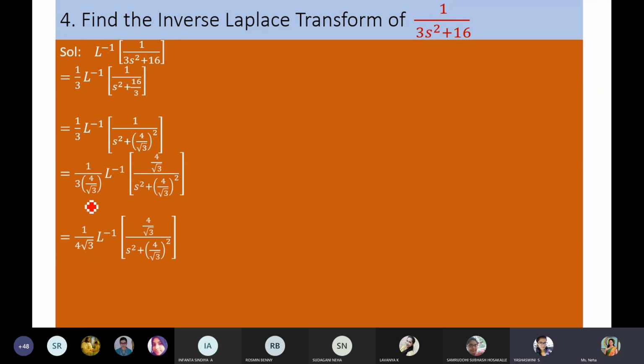You can put this root 3 on the top, and root 3 and 3 will get cancelled, which gives you root 3. So 1 by 4 root 3 times the Laplace inverse of 4 by root 3 divided by s square plus 4 by root 3 whole square. Now 1 by 4 root 3 stays as it is, and your final answer is sine 4 by root 3 t.